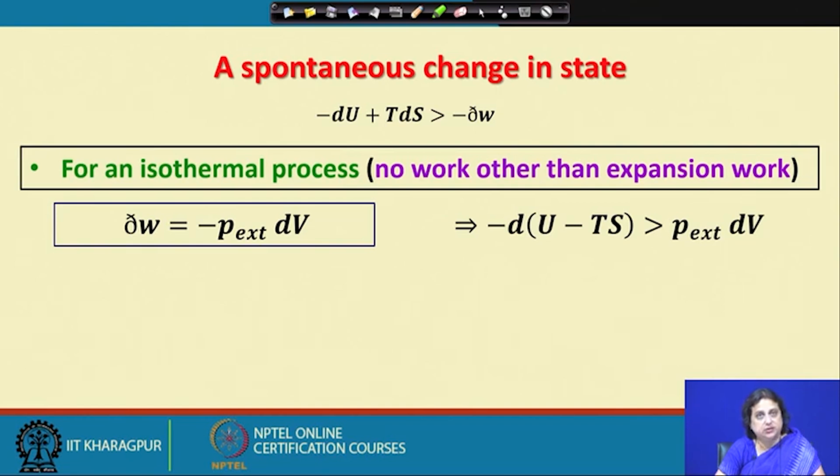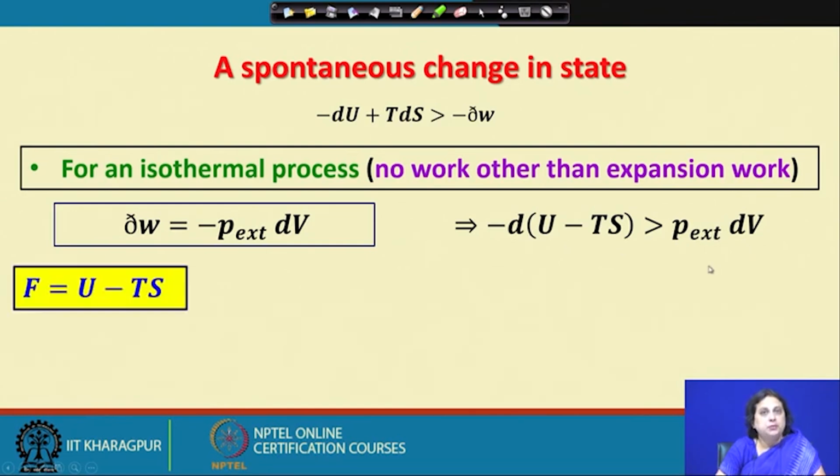If the temperature is constant, on the left hand side you can take T inside the differential and write the left hand side as the negative of the differential of the quantity U minus TS. For a spontaneous change in state, minus d of this quantity must be greater than P external into dV.